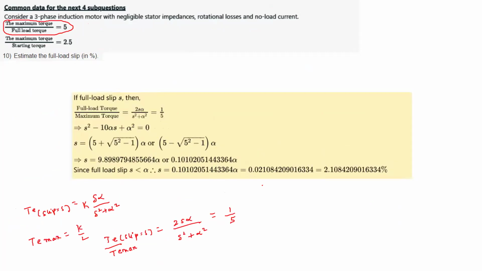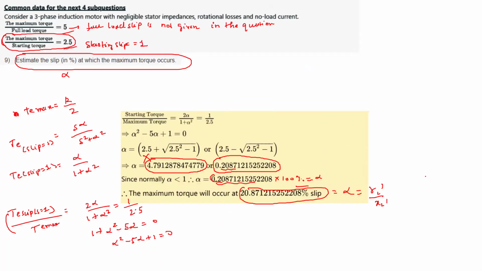This alpha we already know from the previous question: the slip at maximum torque, 0.208.